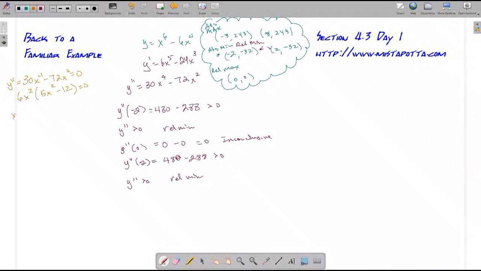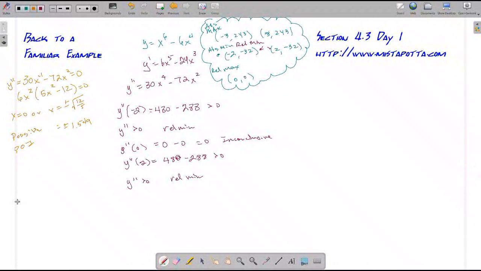And so either x equals 0 or x equals plus or minus the square root of 12 fifths. Now I've done some calculations already. This is 1.549 for the AP. So these are possible point of inflection locations.